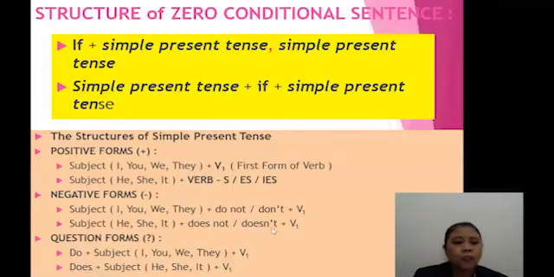And then the question form is the auxiliary verb do, plus the subject I, you, we, they, plus verb 1. Or if the subject is he, she, it, we use does and then the subject and then verb 1.